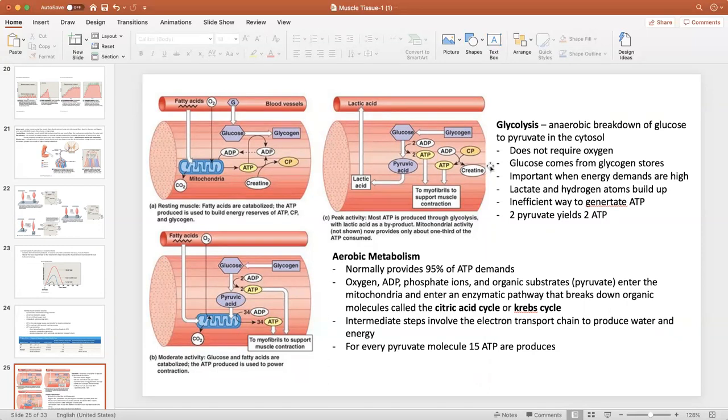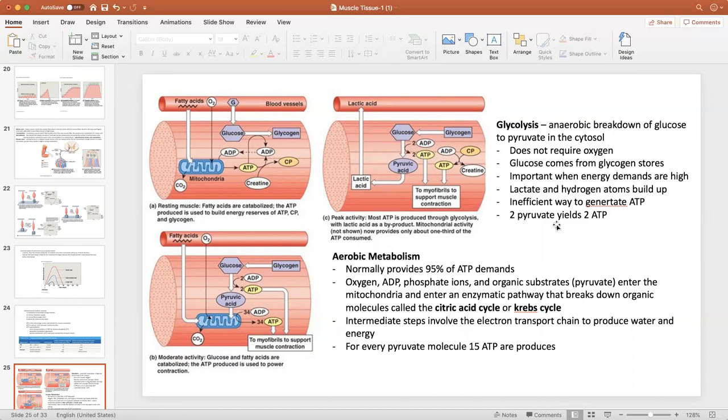But glycolysis, this is for when we don't have oxygen, when we need fast energy, the demands are high. When we produce ATP, it is not an efficient production, when we break down glycogen into glucose. Glycogen is, again, multiple glucose chains, so we break that down into one glucose, and glucose then creates a pyruvate, which allows for 2 ATP.